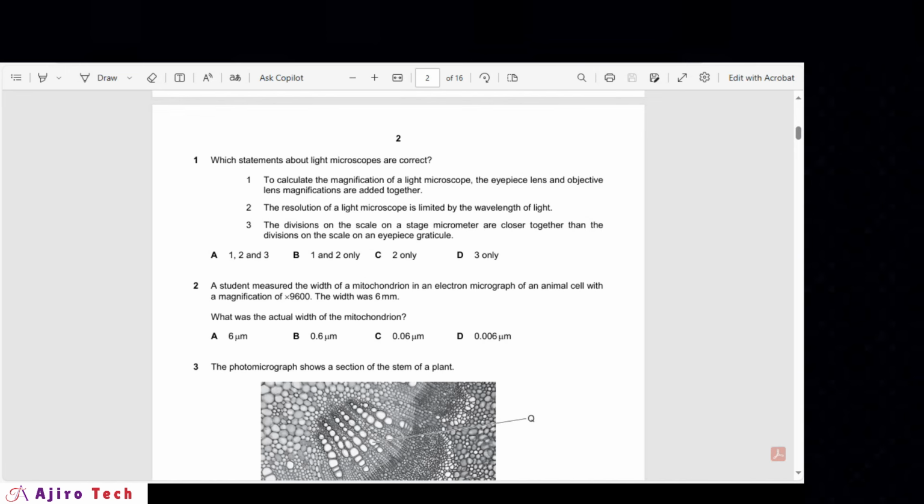No, they are not added, but you find their product. They're multiplied, not added. So that's not correct.